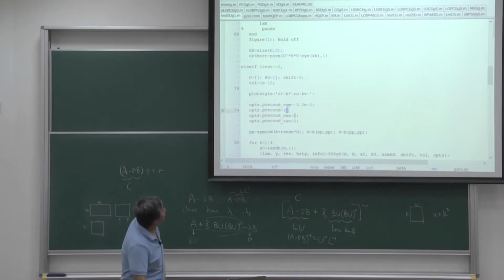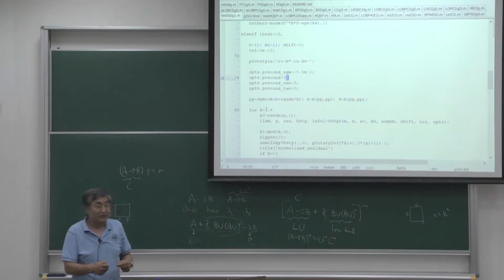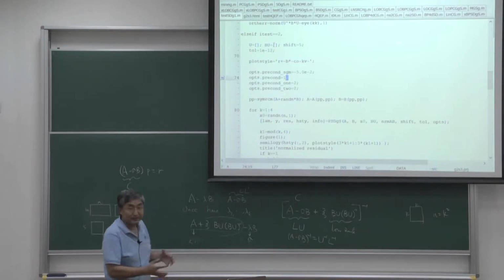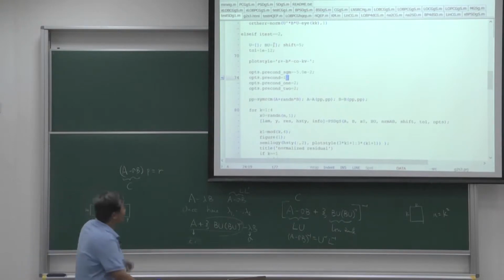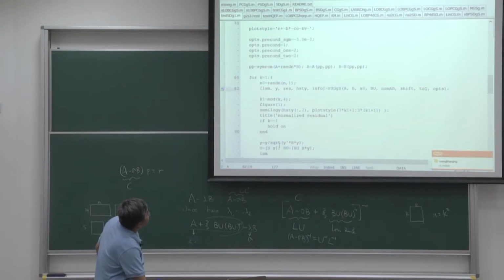And now what happens when you look at this routine? I say k equal 1 and 4. So for the first k equal 1, you compute the smallest eigenvalue. In that case, the BU vector starts out empty, because I haven't computed any eigenvector yet. Later, for every iteration with k running from 4, you update BU.